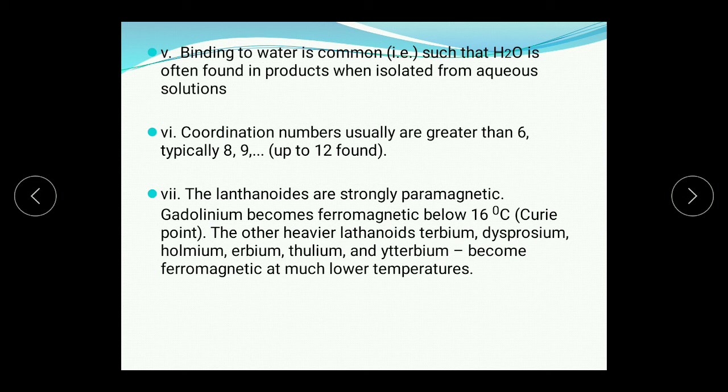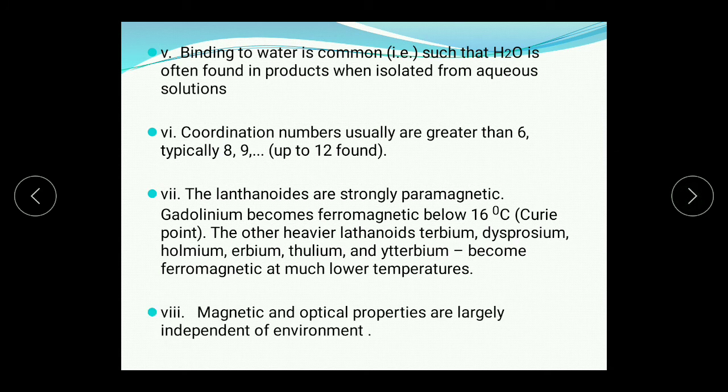Generally, the elements at the center of the lanthanoids have a larger number of unpaired electrons, and hence they can easily become ferromagnetic. They are strongly paramagnetic, so they can easily become ferromagnetic at lower temperatures. And the last property: magnetic and optical properties are largely independent of environment.